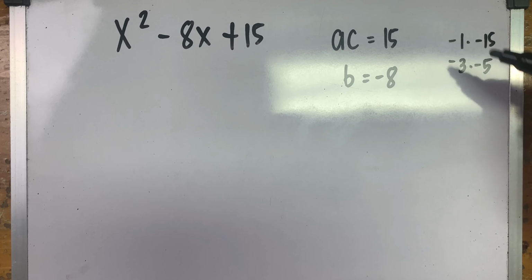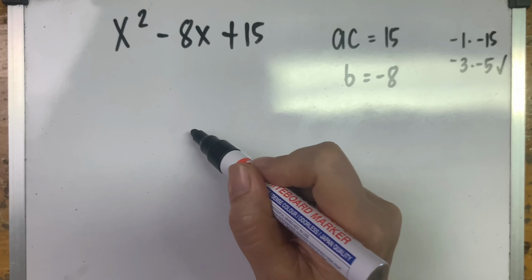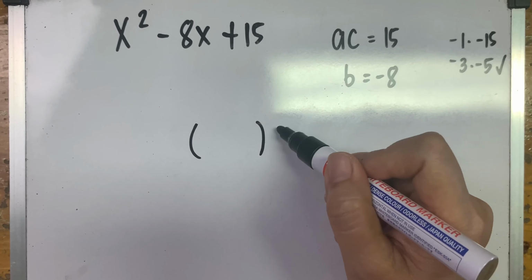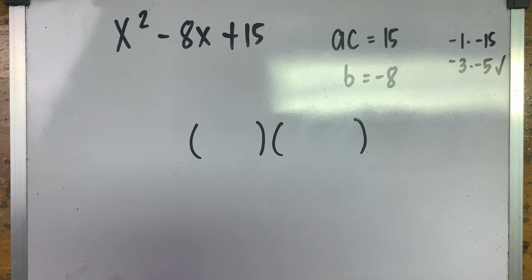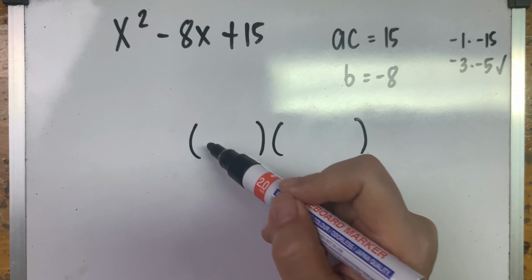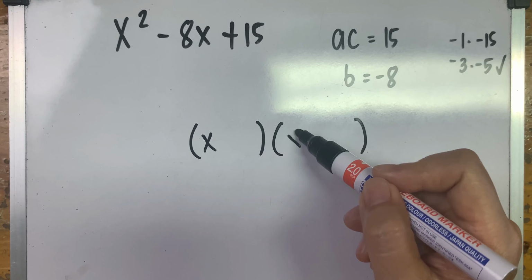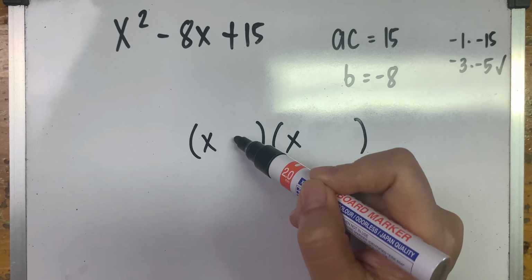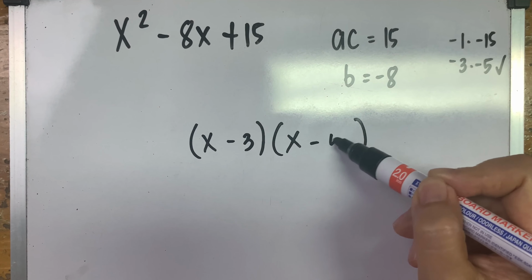And that is negative 3 and negative 5. So these are the numbers that we'll be using for our factors. So again, we'll write two parentheses and get the factors of x squared, which is x and x. And we'll just write negative 3 and negative 5.